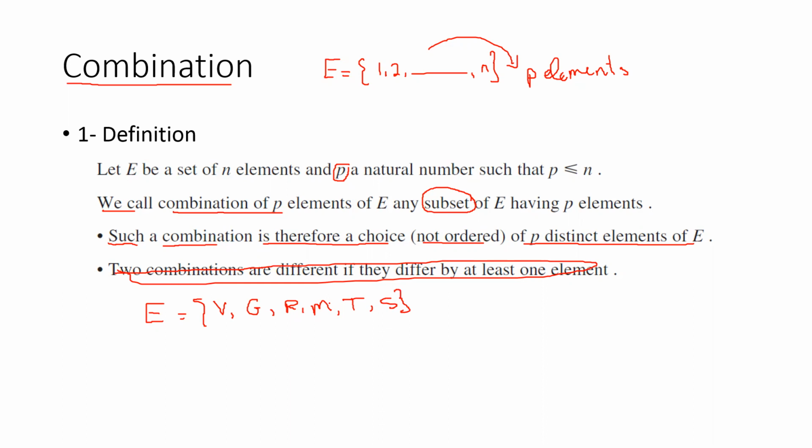So I have 6 students. George, give me a combination of 2 elements. Example, a combination of 2 elements: V and G.